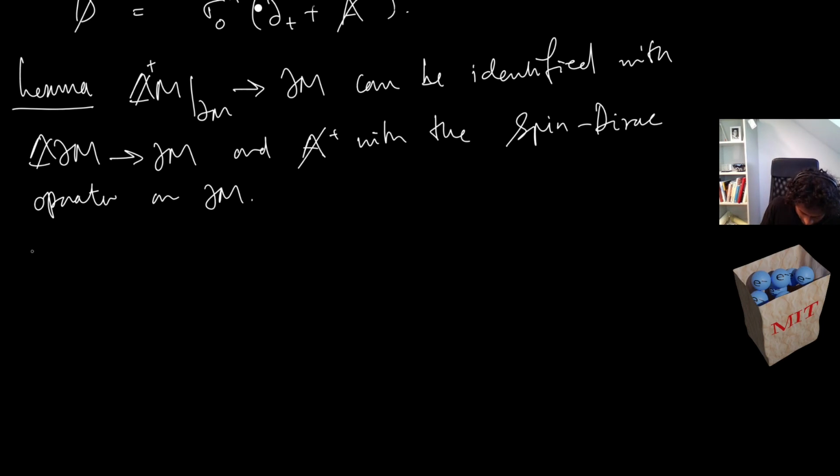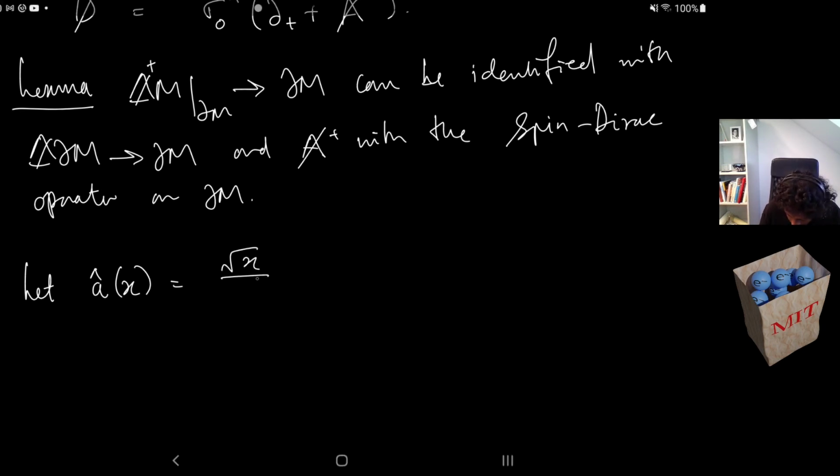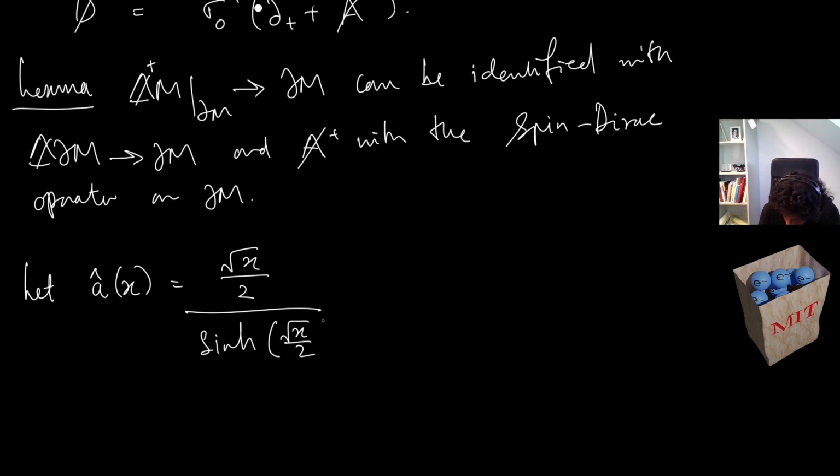Now let me define a polynomial, the A hat polynomial, which is the square root of x on 2 divided by sinh of the square root of x on 2.